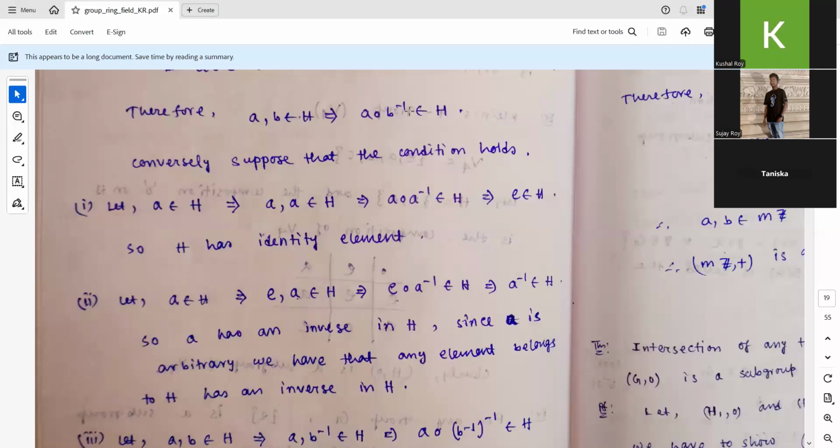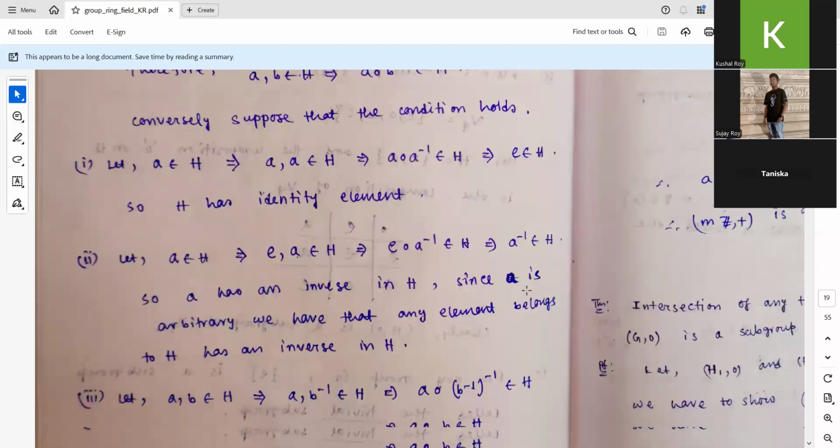In that case, due to the given condition, A composition B inverse belongs to H, so we can say that A composition A inverse also belongs to H. A composition A inverse belongs to H means E belongs to H, where E is the identity element of G. Therefore the identity element belongs to H.